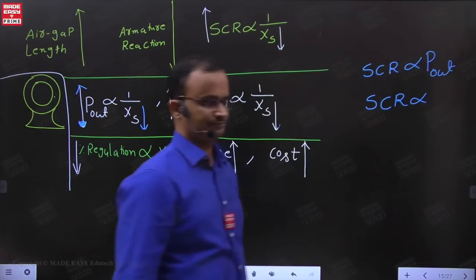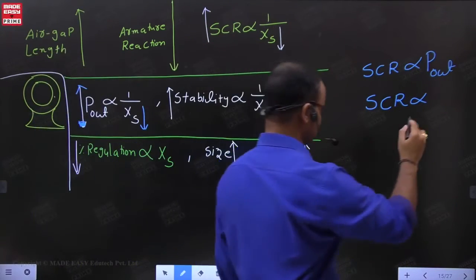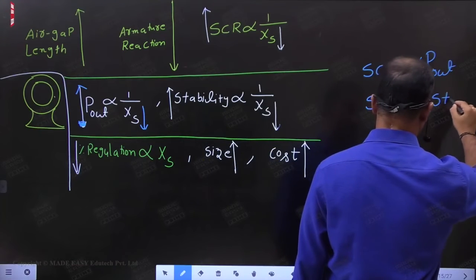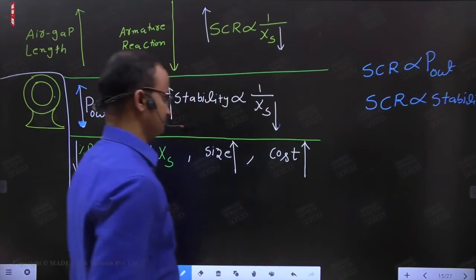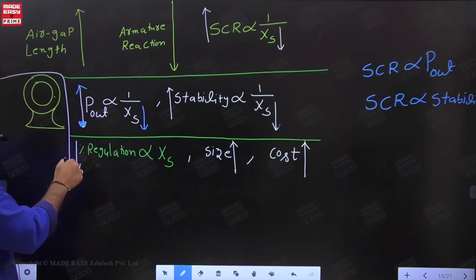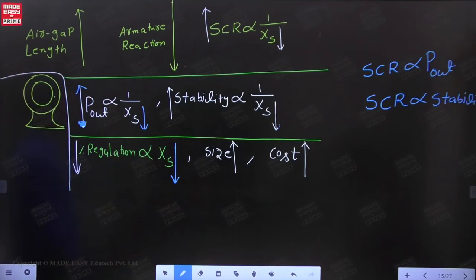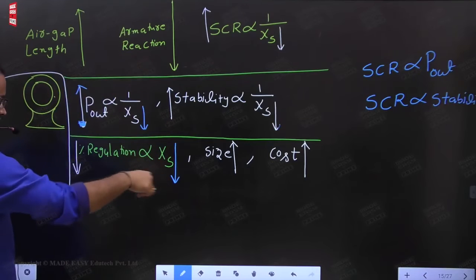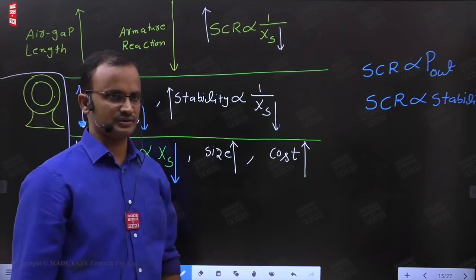Come to the second one. देखिए इधर stability is increasing, SCR also increasing. Stability, regulation: देखिए, in this example XS is decreasing, armature reaction decreasing, regulation also decreasing, मगर SCR क्या है, increasing.